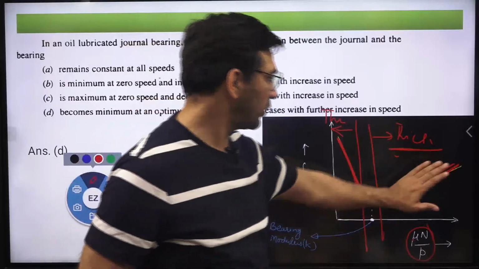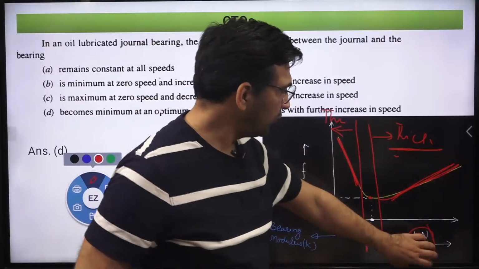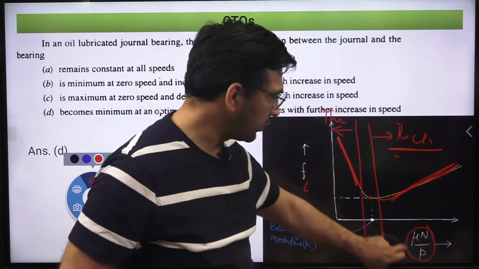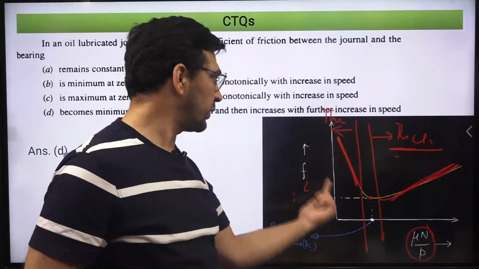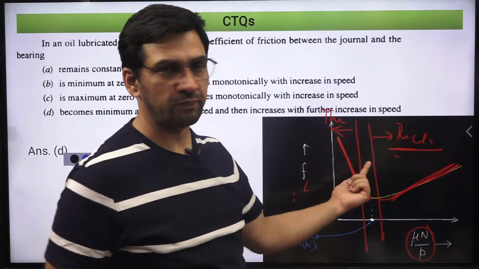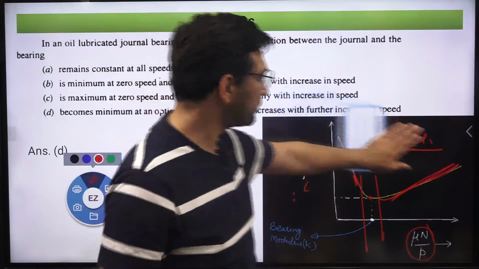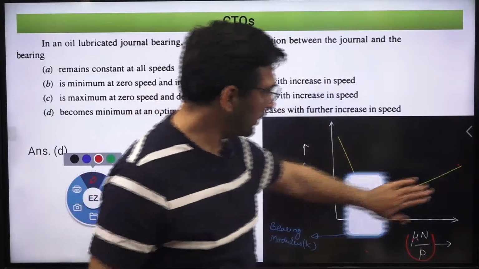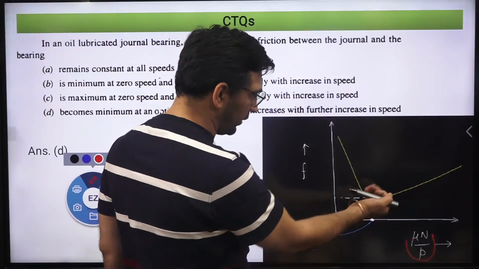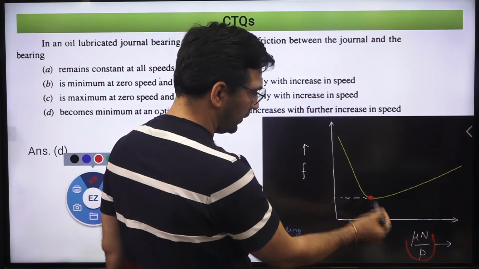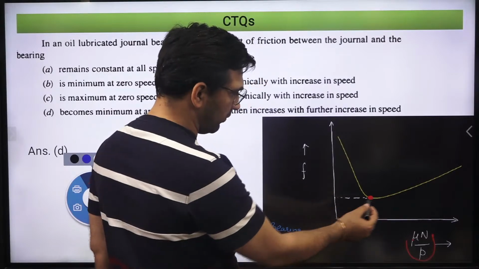Why? Because when you are operating in this region, if there is any change in these particular parameters, it will not shift easily into this particular zone where you are going to have very high friction. So this understanding you are going to have. And the other part is that the point where you have the minimum value of coefficient of friction is this one, right? So this is the minimum value of coefficient of friction.